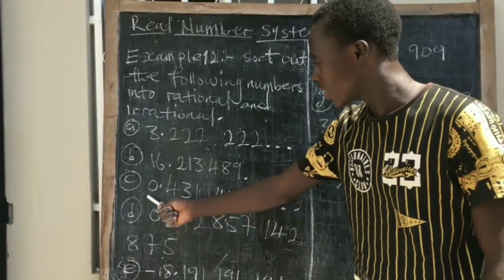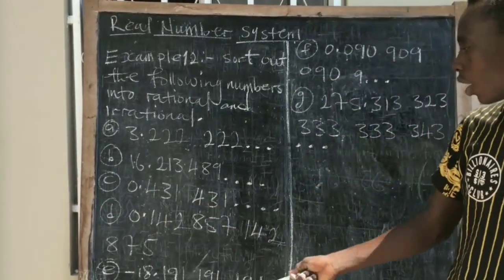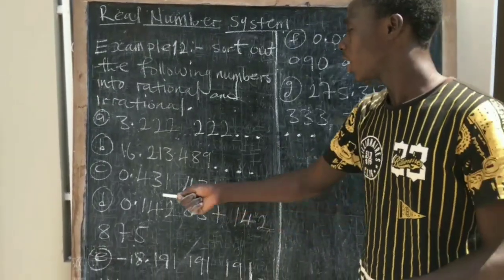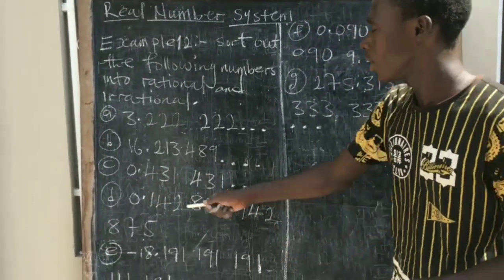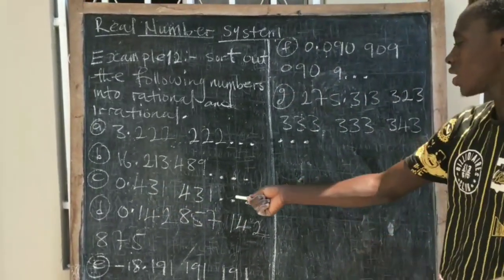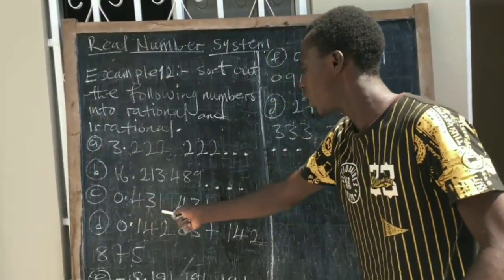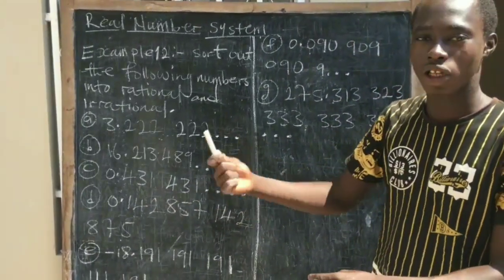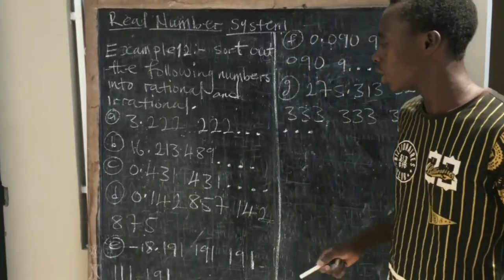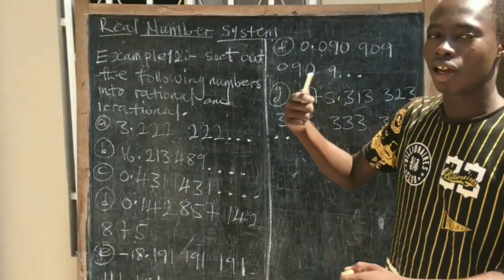So look at letter C. We have 0.431, 431, 431. It is repeating and it is non-terminating. Meaning it is infinity. Therefore, 0.431, 431, 431, it is a rational number because it is non-terminating recurring decimal.